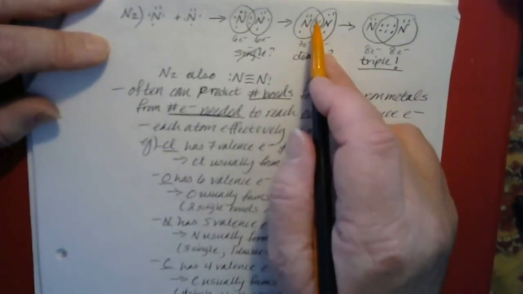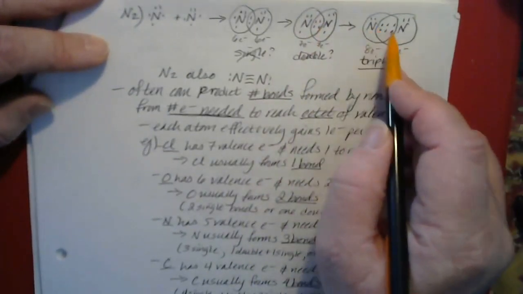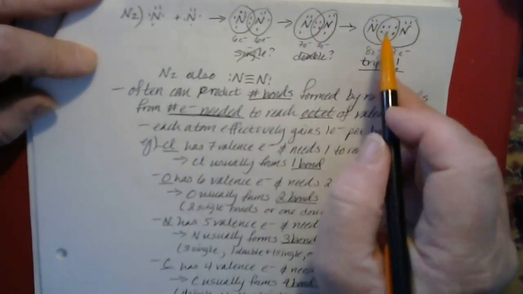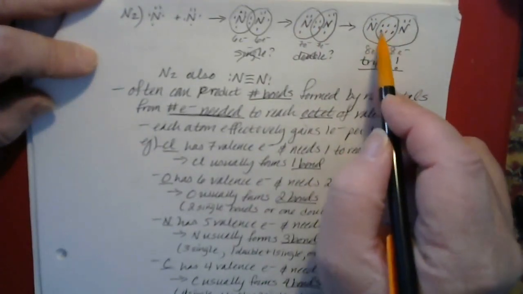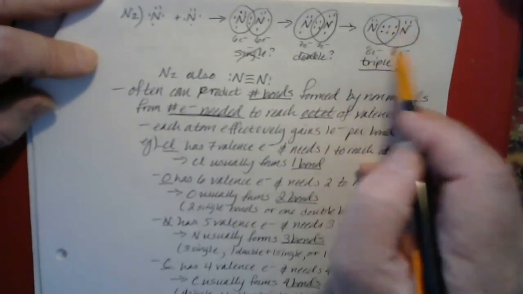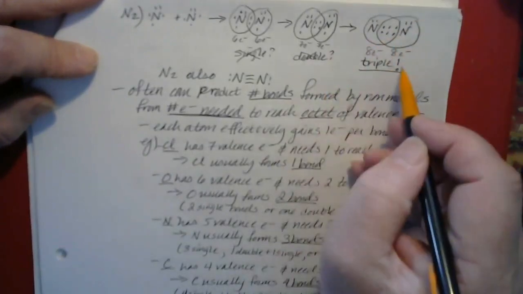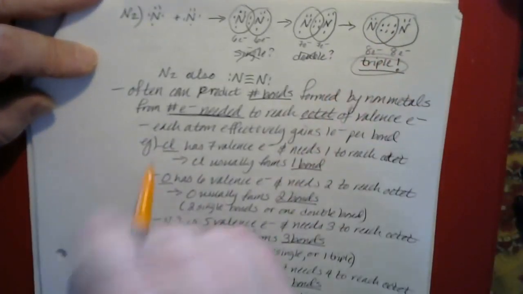So let's bring those between the 2 nitrogen atoms. And so the nitrogens will be sharing 3 pairs of electrons. And now each nitrogen has 1, 2, 3, 4, 5, 6, 7, 8 electrons around it. And that is an octet. And so that is what you actually get, a triple bond.